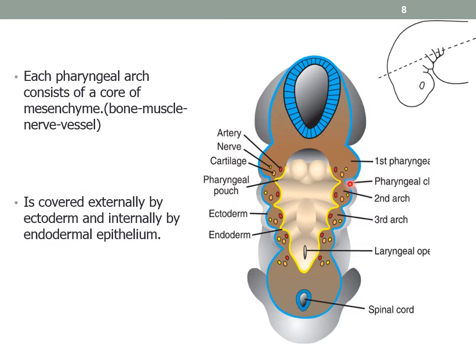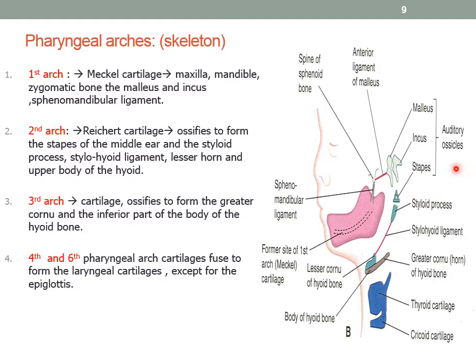So the pharyngeal cleft from outside, pharyngeal pouch from inside, and in between we have these pharyngeal arches. The pharyngeal arches, as we have mentioned, give origin to the bone skeleton, the muscles, the nerves, and the vessels. Here we will talk about the skeleton.